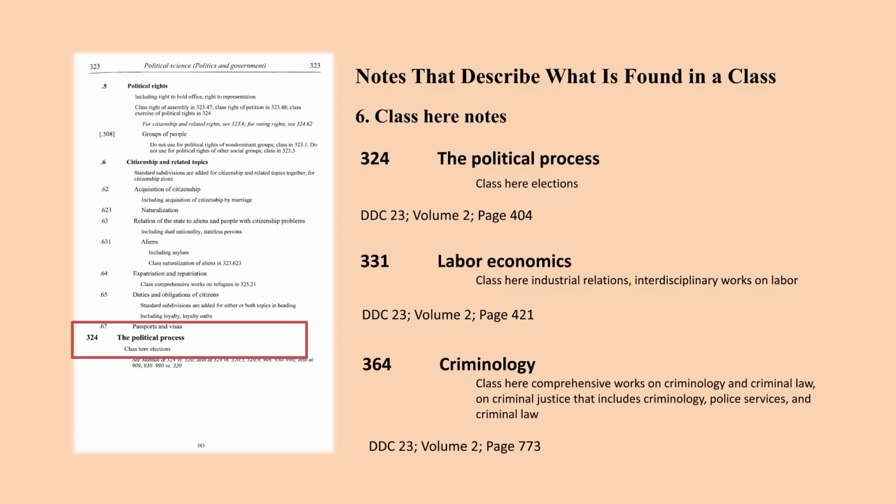And again in 364 criminology, that is under page 773. So criminology has two types of notes. One is that we have mentioned in the first case, the definition note, as well as the class A note. The 364 criminology is recorded as class A comprehensive works on criminology, criminal law, or criminal justice that includes criminology, political process, and criminal law.